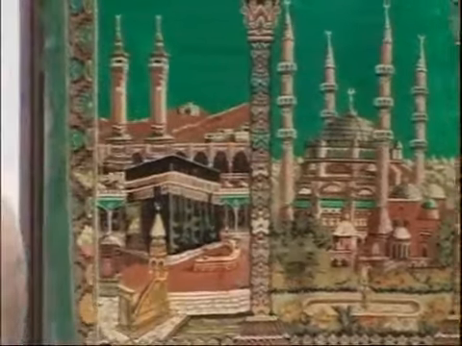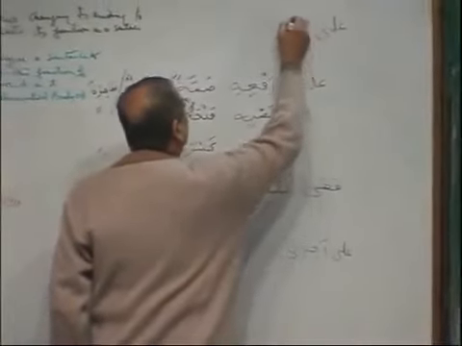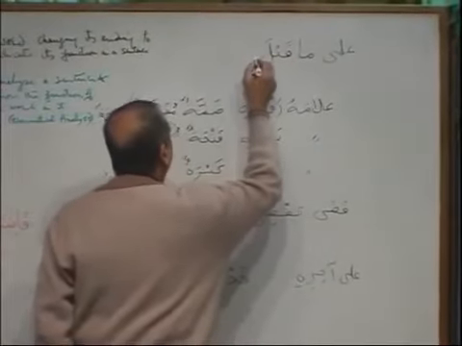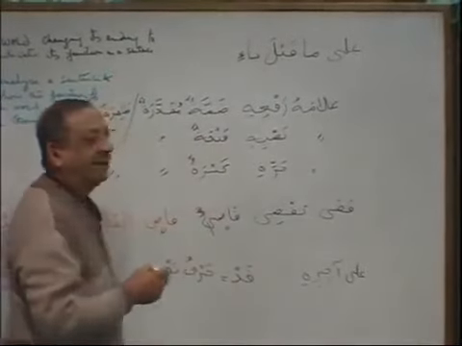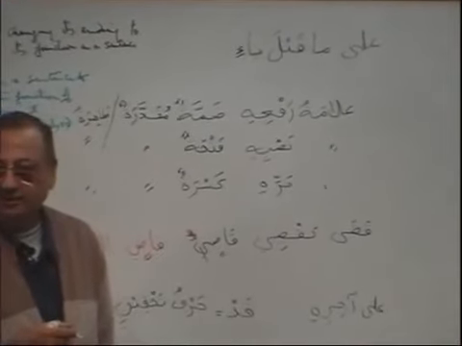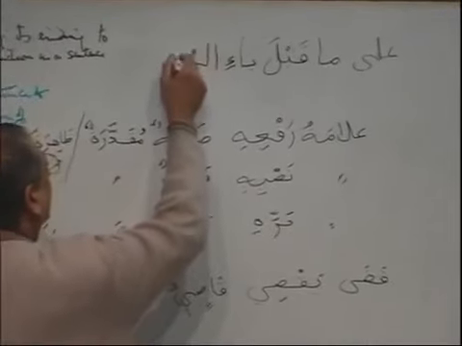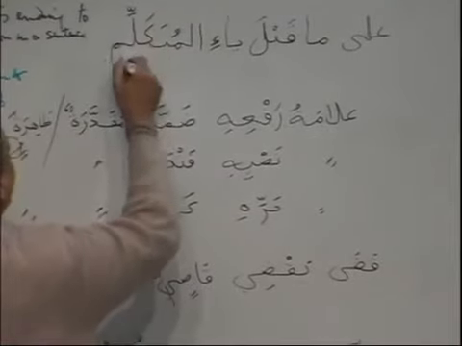Now you should write one extra sentence. You will write down this, brother. Ala ma qabla. See, qabla came, then the next noun has to be mudaf ilayhi, majroor. So it became ya'i and then mutakallimi.